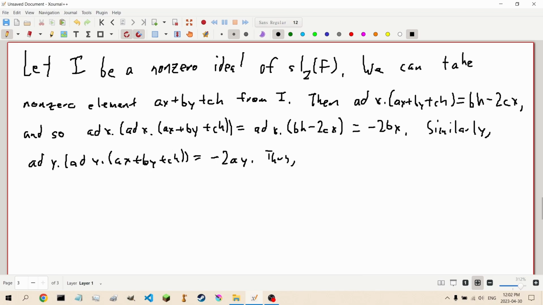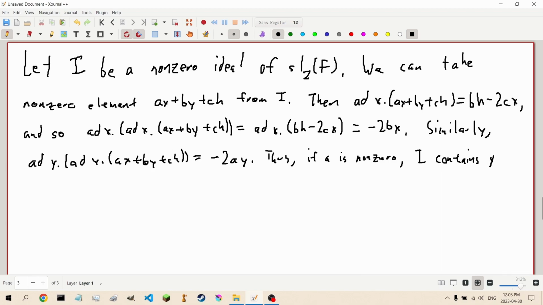Thus, if, say, a is non-zero, this ideal has to contain an element of y.